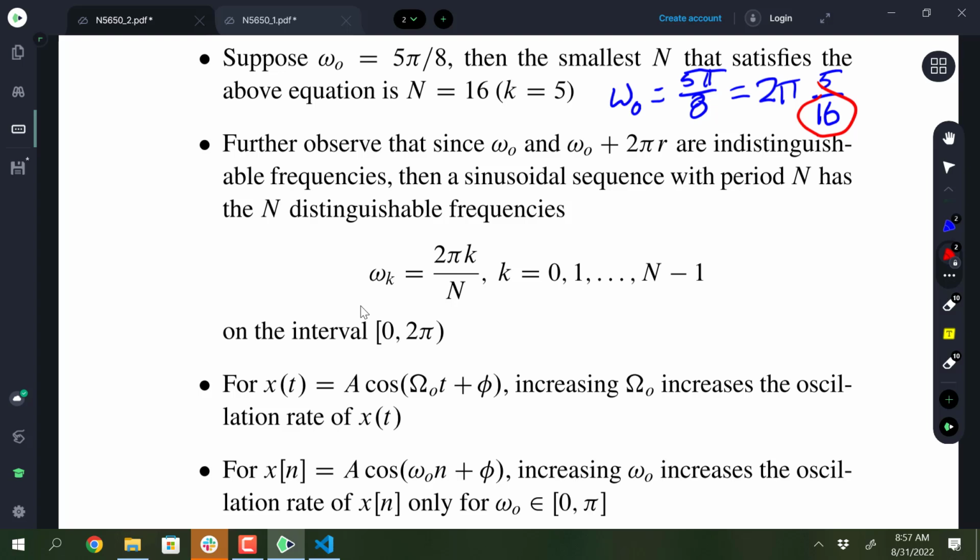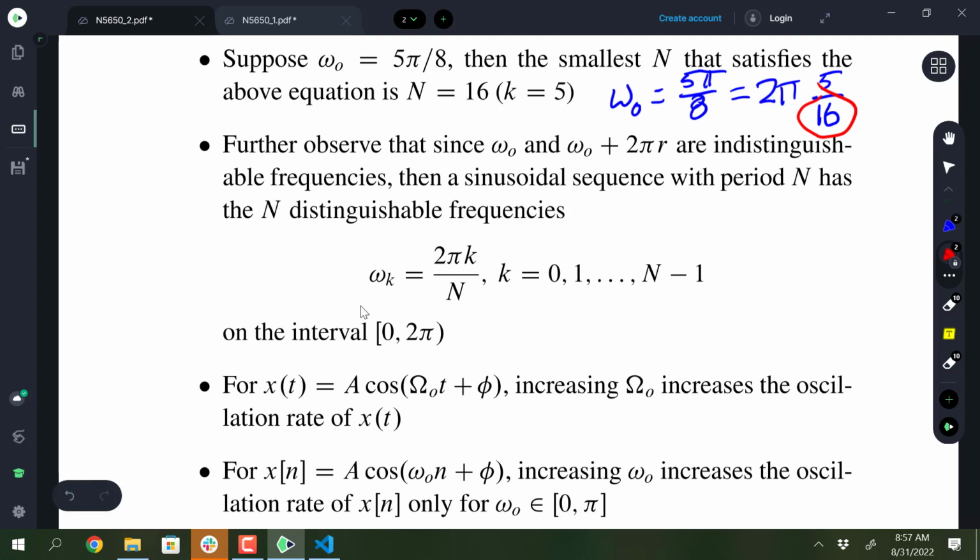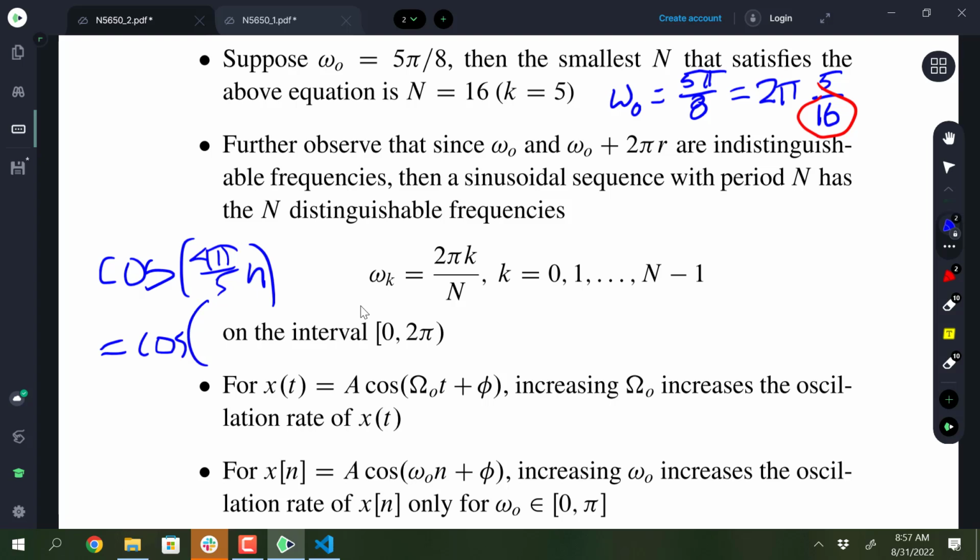The fact that you can fold at half the frequency has to do with, see if I can write this down, because this shows up in an example that's coming up pretty soon. So that's 8 pi over 10.